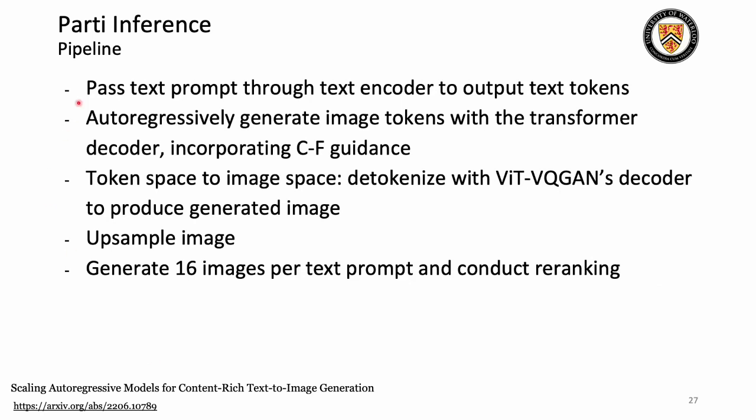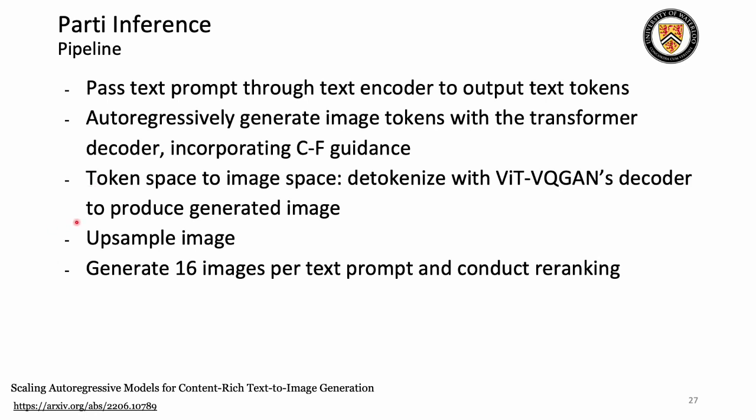During inference, a text prompt is passed through a text encoder, which converts the input into text tokens. These tokens are then used by an autoregressive transformer decoder that generates the corresponding image tokens, incorporating classifier-free guidance to enhance alignment between the generated image and prompt. The image tokens are then subsequently converted from token space to image space by the detokenization process using ViT-VQGAN's decoder.